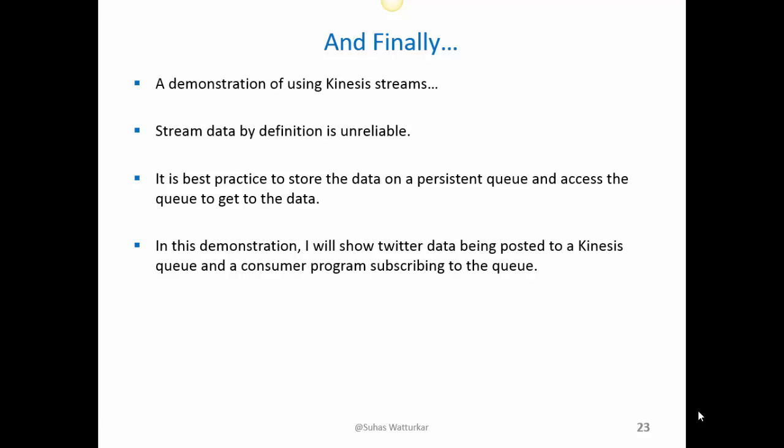In the example I'm going to show, we will have a producer, a writer, which simply takes a streaming data source, subscribes to a stream, and puts it on a queue. And then another job looks at the queue and processes it.